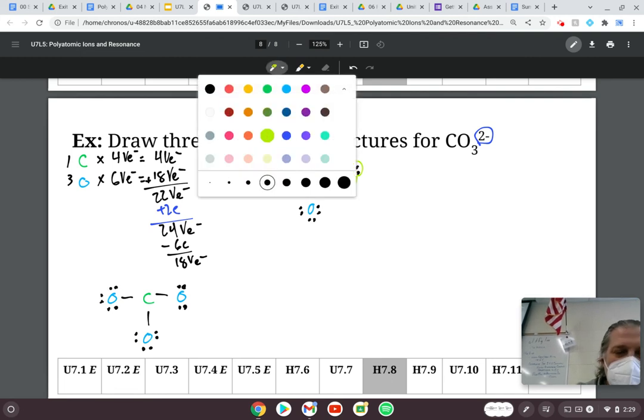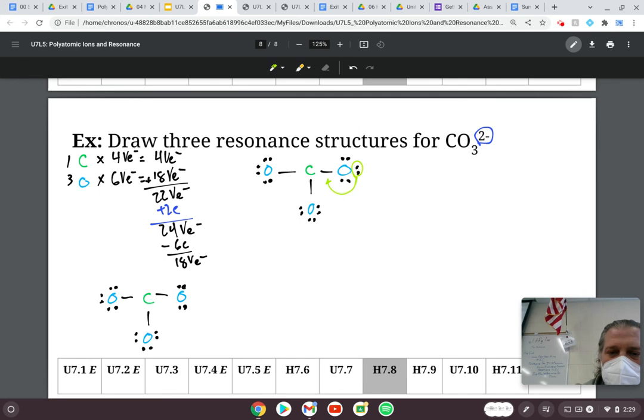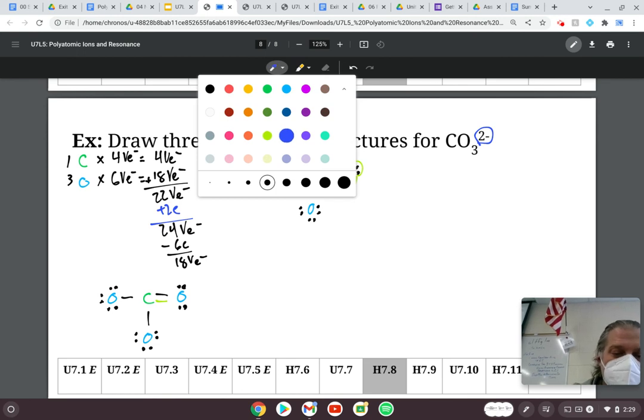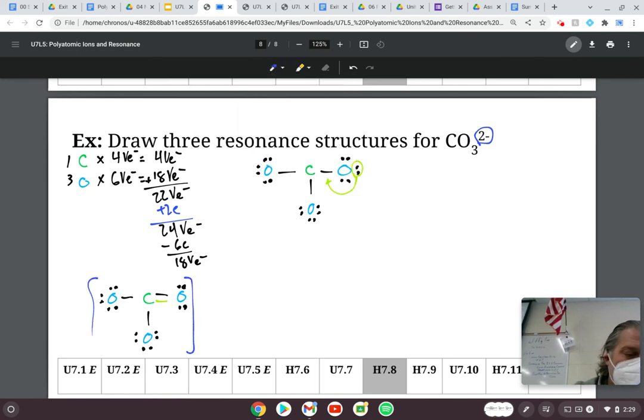I'm going to show that there's a multiple bond, like so. And because it's a polyatomic ion, I'm going to put it in brackets and give it a -2 charge.